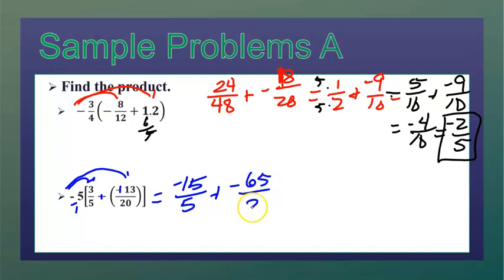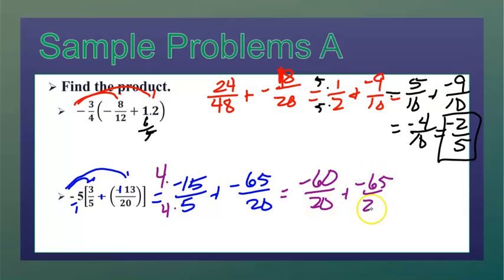65 over 20. And I need common denominators, so I'm going to multiply the top and bottom by 4 over here. And this is going to give us a negative 60 20ths plus a negative 65 20ths. And this is going to give us a negative 125 over 20.